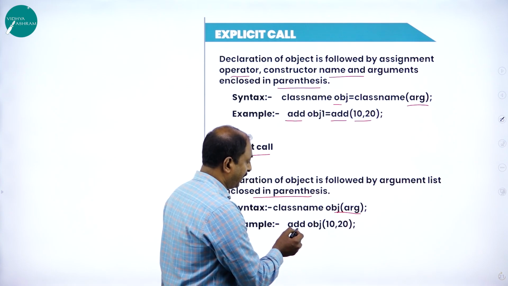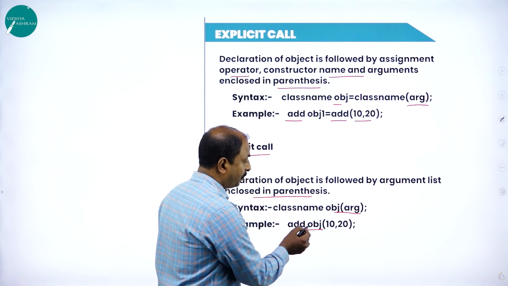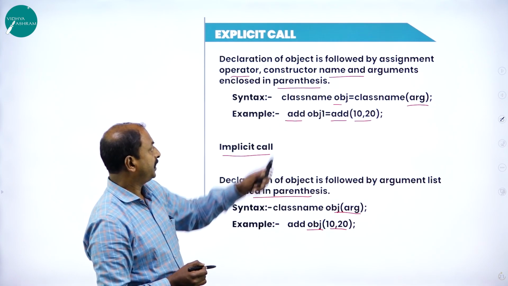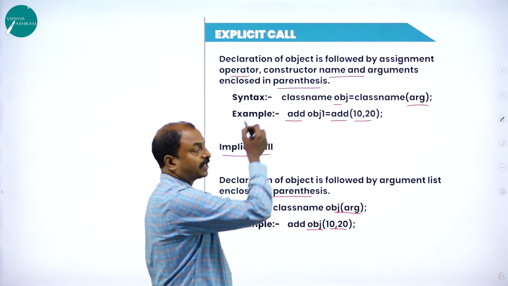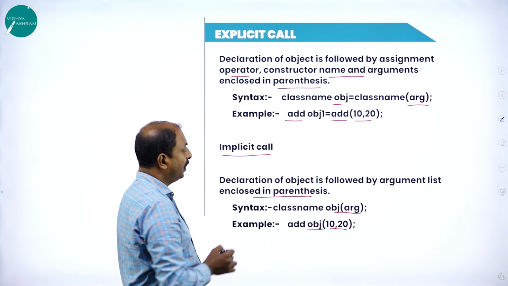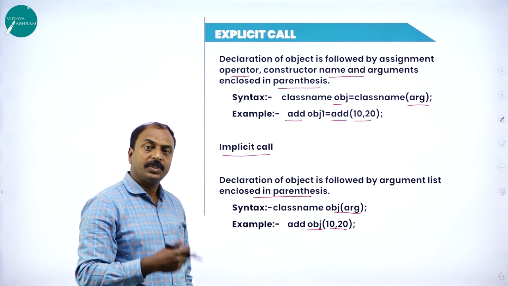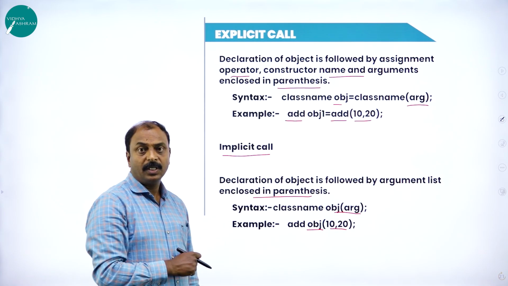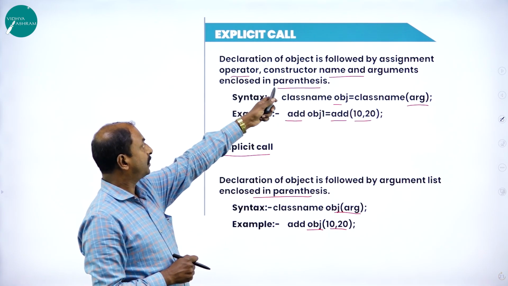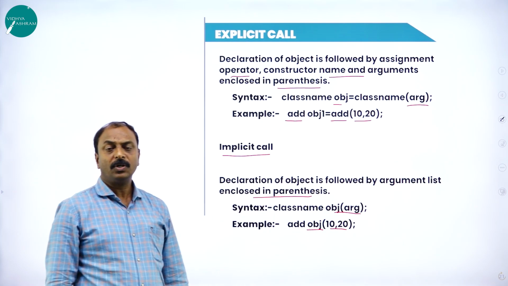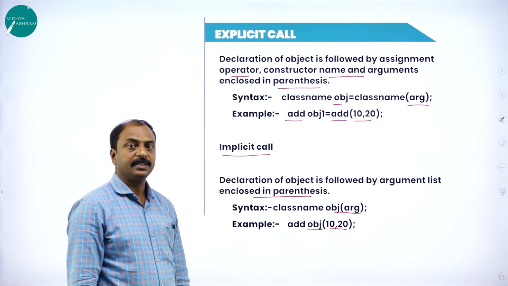Example, Add is name of a class, obj is an object with the parameter. Now, if you observe these two syntaxes, explicit call and implicit call, there is a difference in the syntax and usage of these two methods. These are the two methods of invoking constructors.